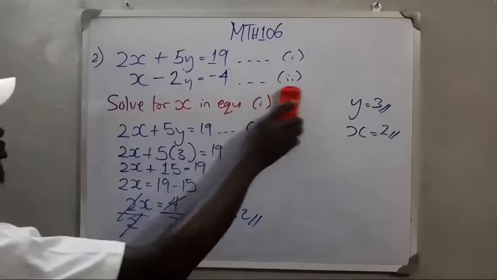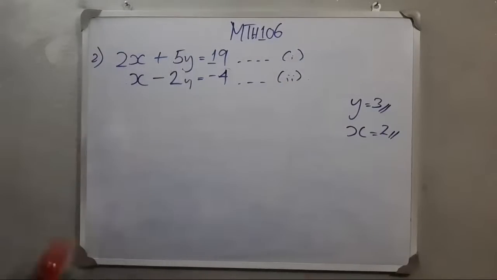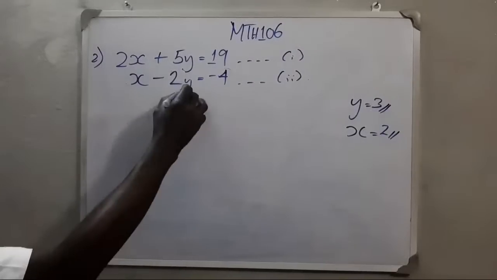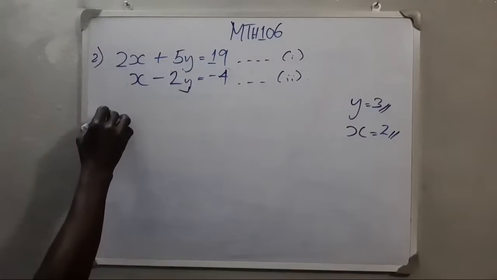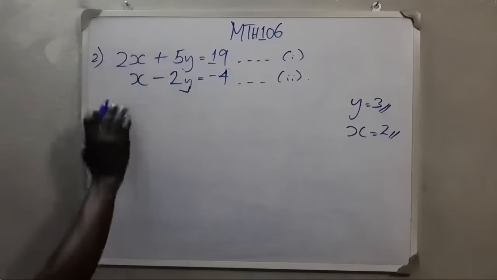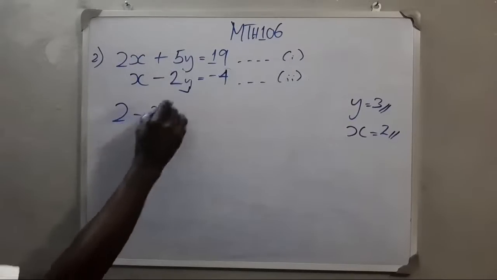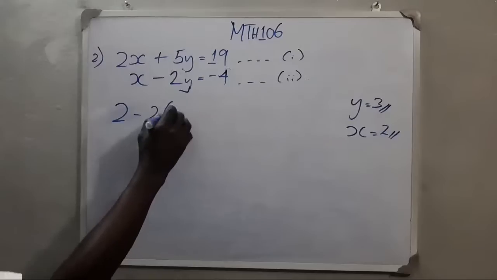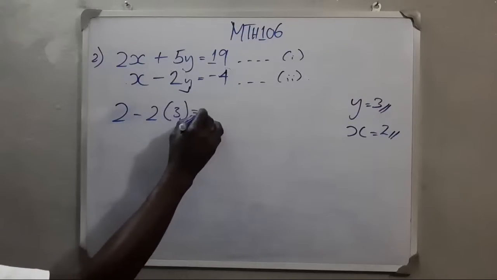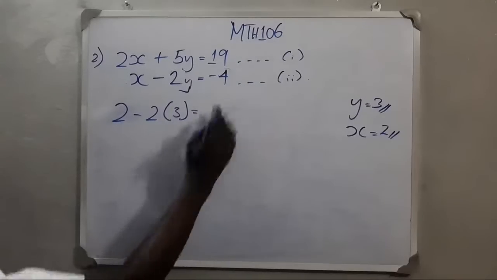Now let's see how true that is. Let's try equation 2. Let's prove this. Since we already have our x is 2, minus 2 into brackets 3 equals minus 4. Let's see if it equals minus 4.